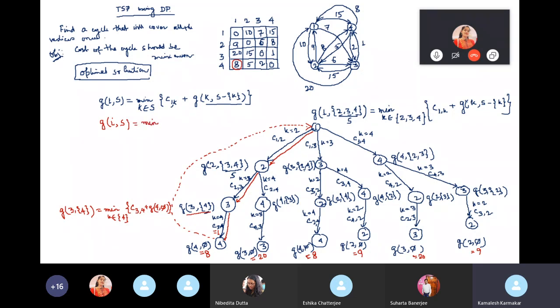We have to find the minimum over K belongs to this set S, where this value is C of I, K plus G of the next vertex K, comma S minus K. This is the generalized version of this equation. So it is in general form.